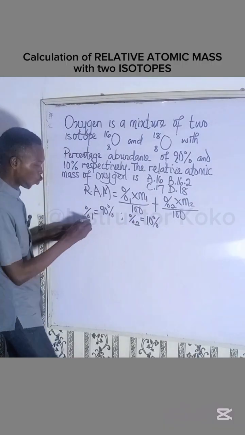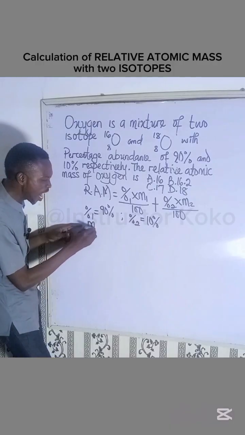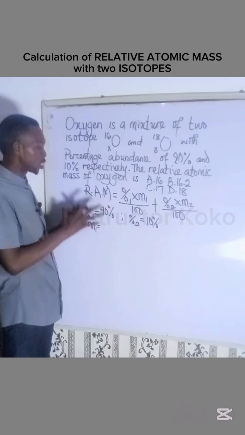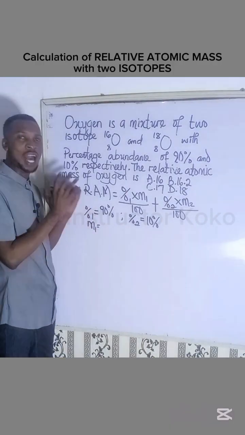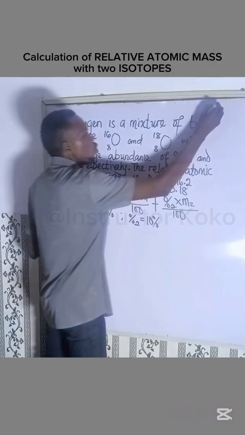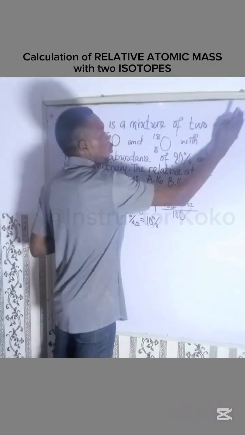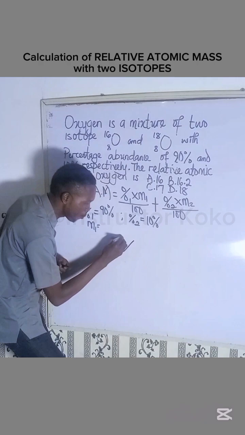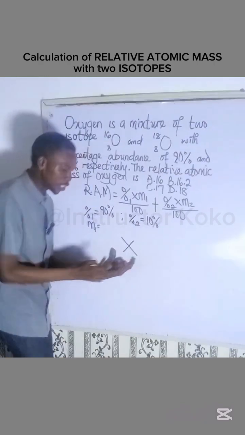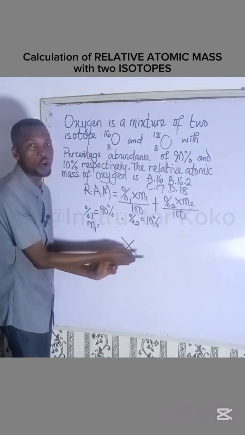All right. Now we move on to the next thing, which is M1. M1 means the atomic mass of the first isotope. When you have an atom, let's say you have an atom X, an atom of an unknown element.